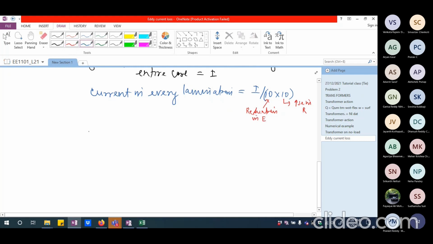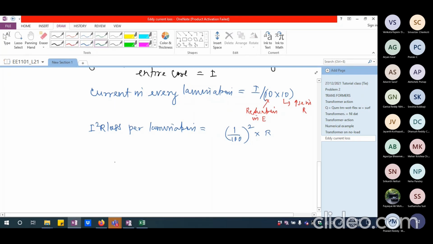Now, if I try to look at what is the I square R loss per lamination, that is going to be now 1 by 10 times, whole squared, multiplied by whatever is the resistance. That is the way it is going to be. So I am going to really see a very large reduction in the eddy current loss. But of course, this is only per lamination.